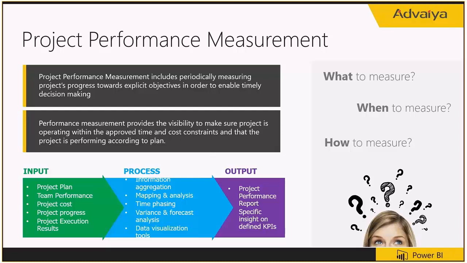Project performance measurement is about how a project stands at various points of time, which includes aspects of schedule, cost, and outcomes. Of course, it's built on inputs like the project plan, team performance, project cost, past data, and many other project artifacts.